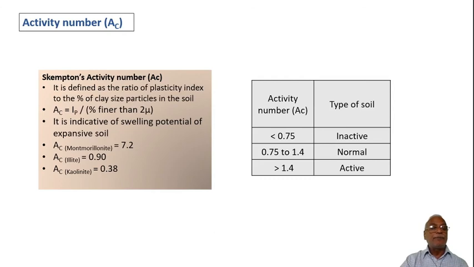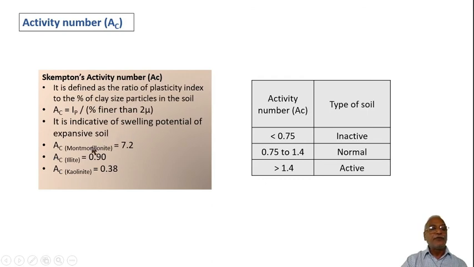So similarly, activity for Montmorillonite clay, of course these three names will be coming across in the next module as clay minerals, is of the order of 7.2, whereas for illite it is of the order of 0.9, and for kaolinite it is 0.38.